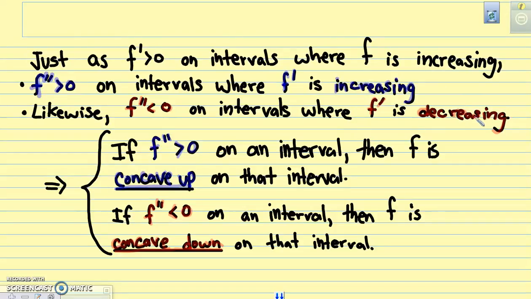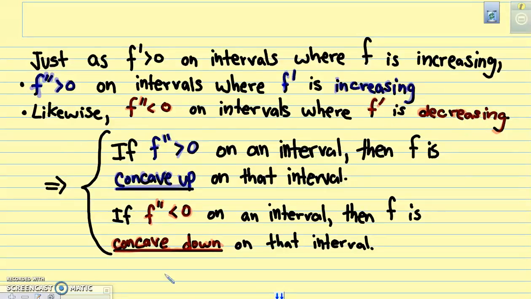All I'm saying in this little paragraph is that just like we were looking at increasing and decreasing intervals in the last section of the textbook, we are going to look at the double prime where it's positive, where the second derivative is positive. That's where my derivative is increasing. Where the second derivative is negative, that's where f prime, the derivative, is decreasing.